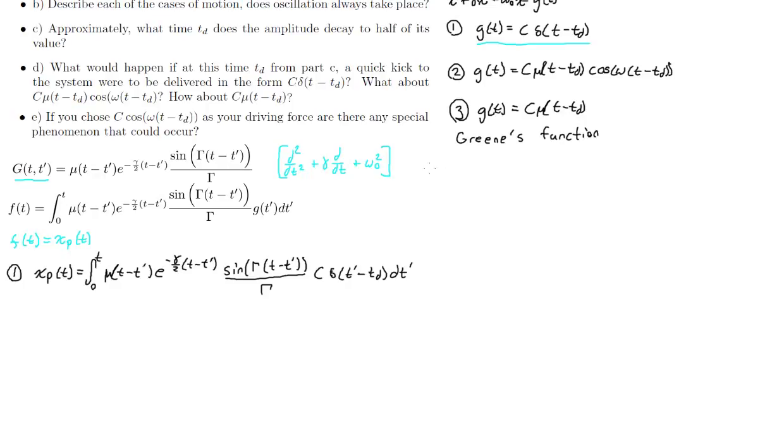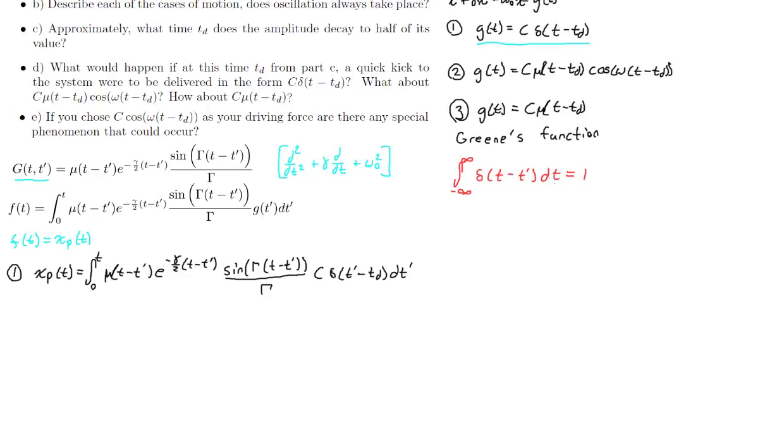And just for some quick properties of the Dirac delta function, let's go over here. So these are just some properties of the Dirac delta function. You could do the integral of delta of t minus t prime dt.